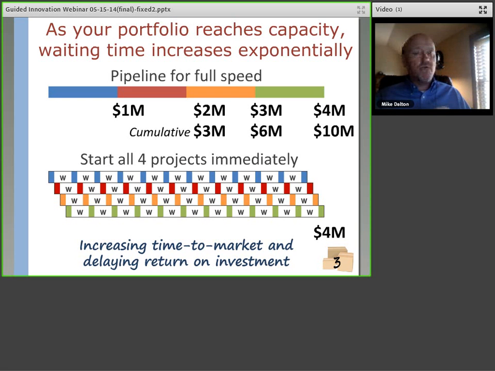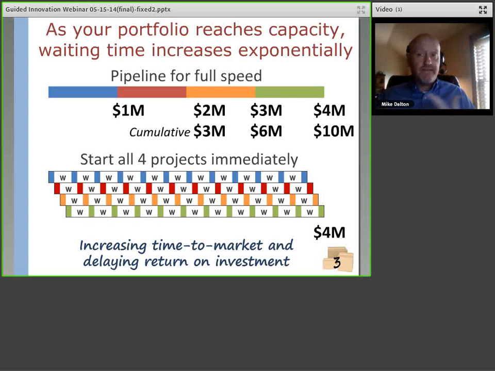And what you see is that the dominant element of the project's duration actually becomes waiting time. The project spends more time waiting for resources, primarily, in this case, versus actually getting work done.